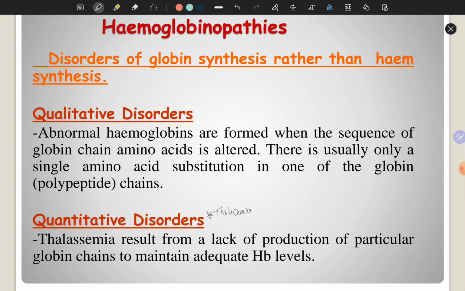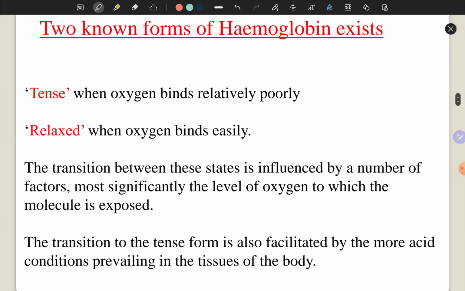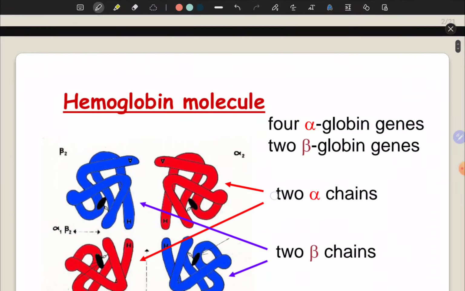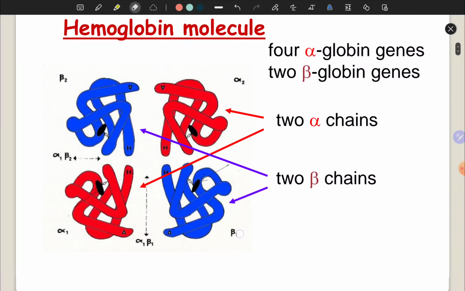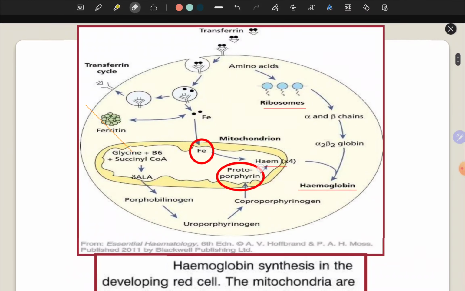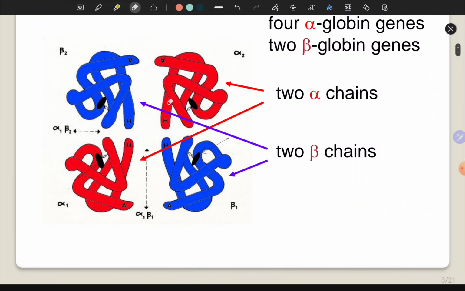Now let's talk about the two forms of hemoglobin before entering into sickle cell disease, just for your information. Let's go back to this slide. There are two forms that, if you'd like to have information, you can read more. Typically the tense form, and the other is called the relaxed form, which is related to the attachment between the four chains of the hemoglobin.